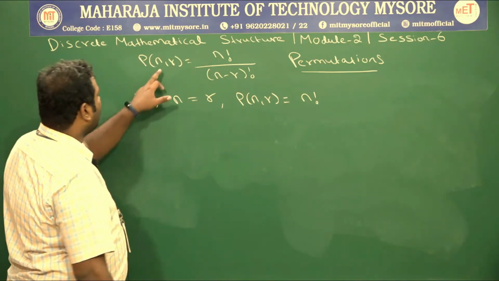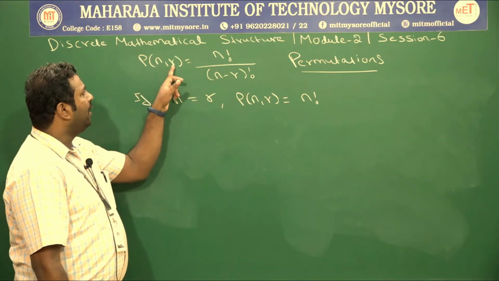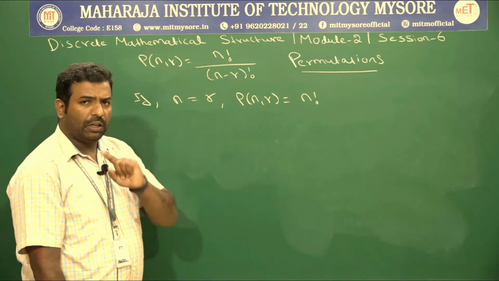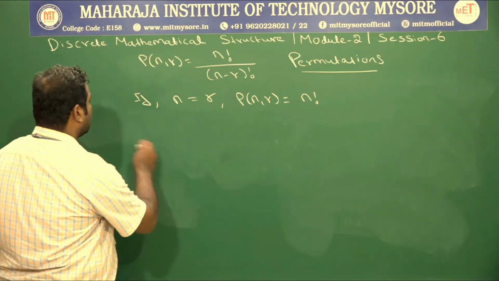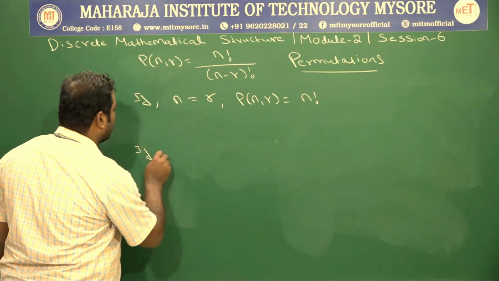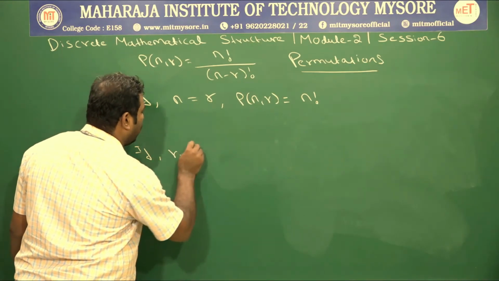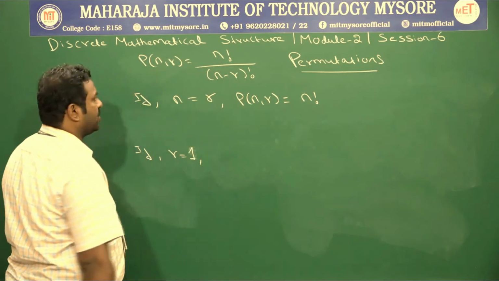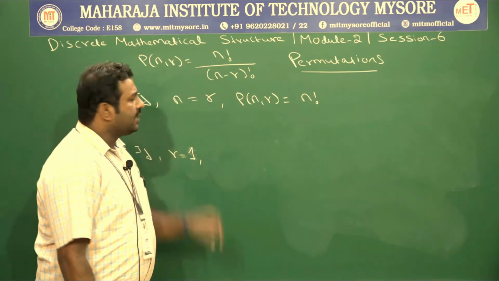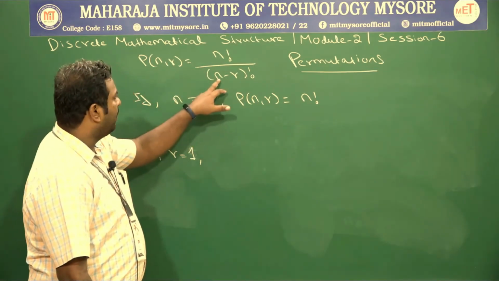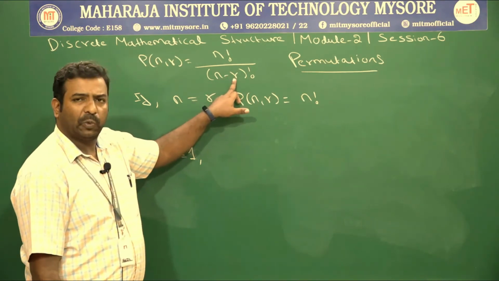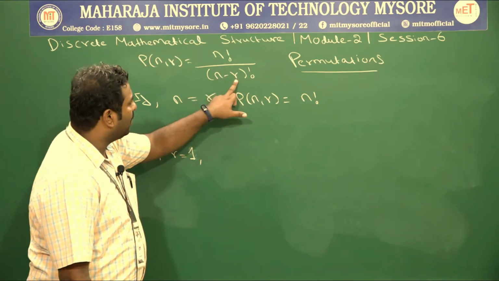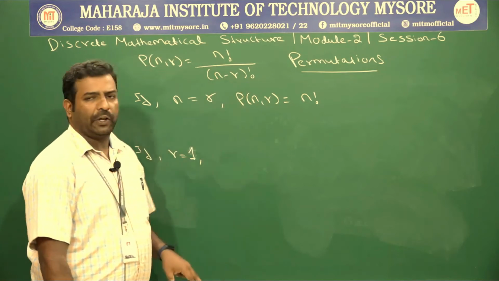But now, what if the value of r is 1? If r equals 1, now what happens? n is as it is, and n minus r becomes n minus 1 factorial.